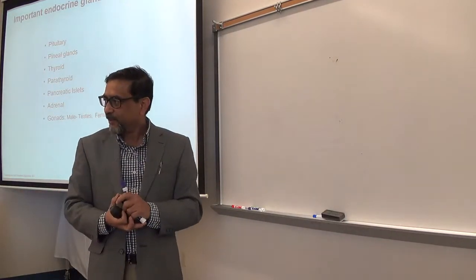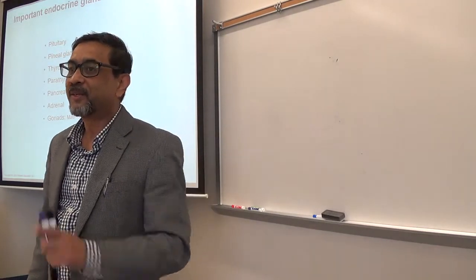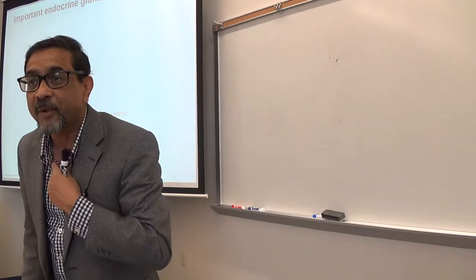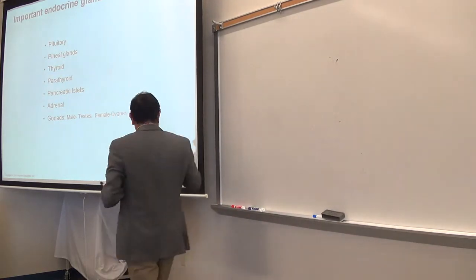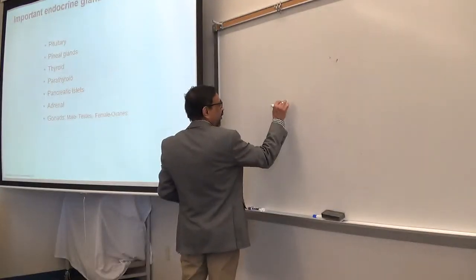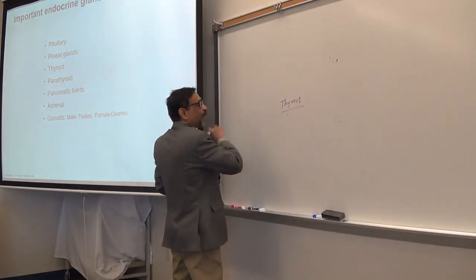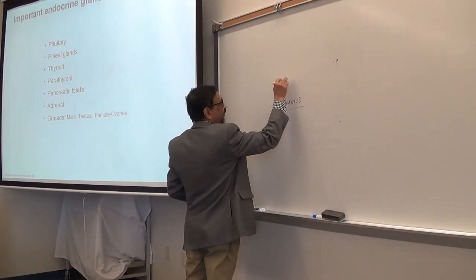Okay? So 2 testes and how many ovaries? 2 ovaries. Okay? Yes, thymus is also included. Thymus is another gland. It's not listed here. Yes, thymus is also endocrine. And in some places you will see hypothalamus.